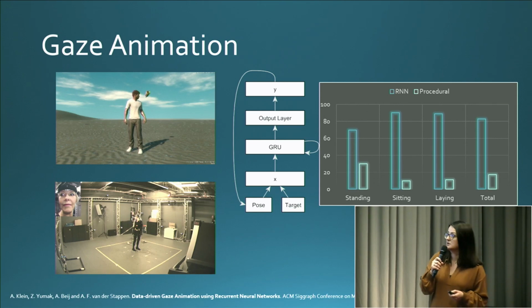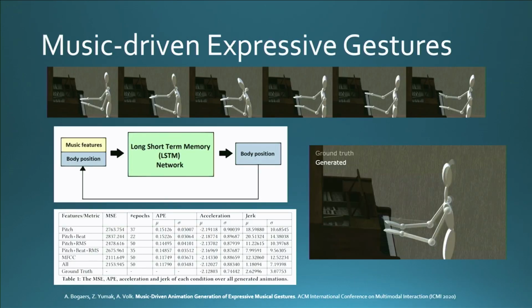We were also working on expressive gesture animation, in particular in the context of music-driven expressive animation. We were working with motion capture data collected from piano players, and this was a long short-term memory network where we had the musical features and the body position, and in the end we created the upper body position for this character.